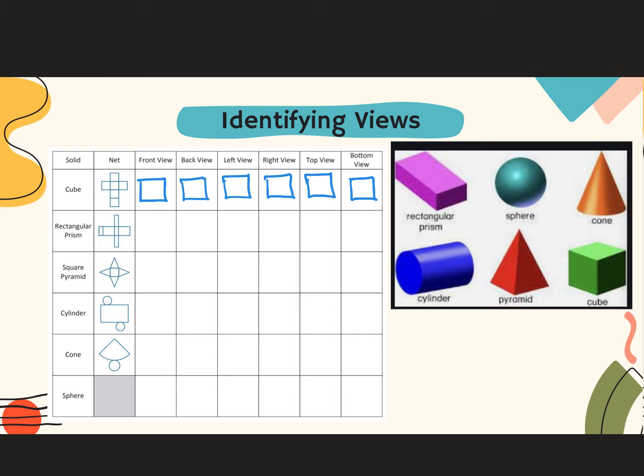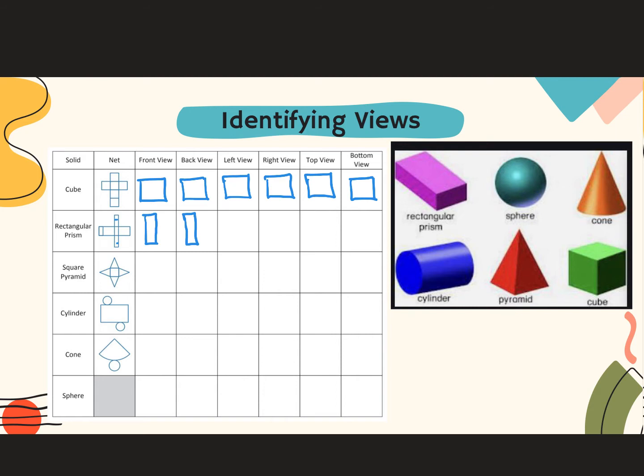All right, rectangular prism. If we look at a rectangular prism, folding that net up, and again, your views may be different depending on your top, your bottom, and your front and back view, but essentially we'll have all the same shapes. My front view is going to be my longer rectangle. My back view, which is going to be here, is another longer rectangle.